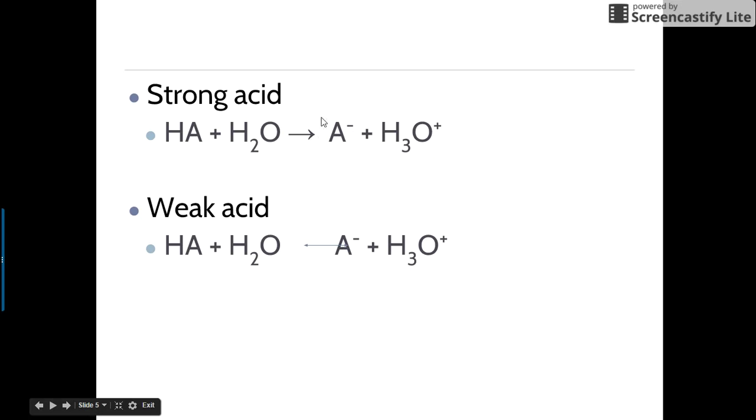That means all of these reactants change into products. Now in the bottom one, it's a double arrow. That means not all of these reactants turned into products, but weak acids in water reach equilibrium. We just did a whole unit on equilibrium. I hope you remember some of it. So once again, strong acids don't reach equilibrium. Weak acids do.